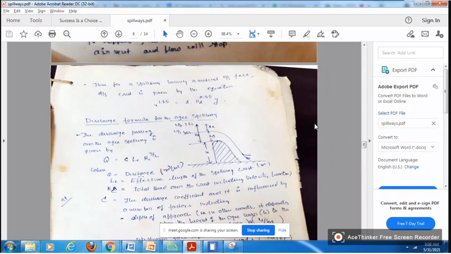On the other side there may be a space between the pier and abutment, that is 10 meters, and on the other side also 10 meters. So the total is 70 meters. That is the clear length of the spillway.